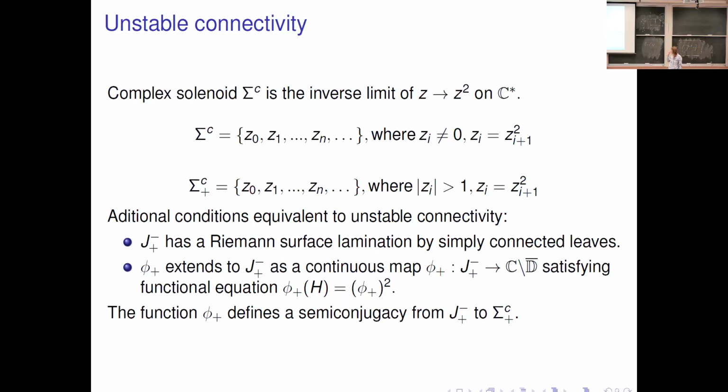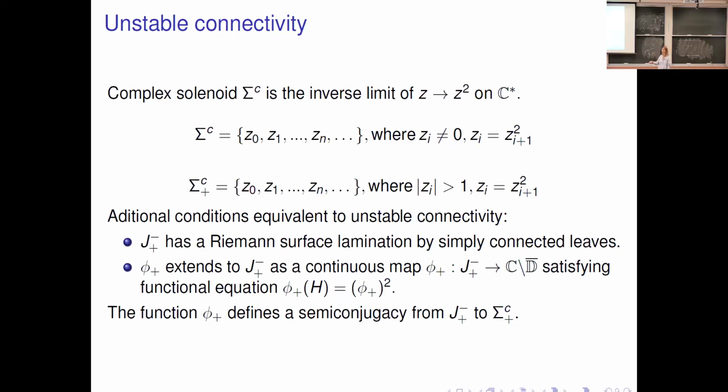And the function phi plus, remember phi plus is defined here, it's almost x. Its powers extend, but it itself doesn't extend. But it extends to this G minus plus if the map is unstably connected.